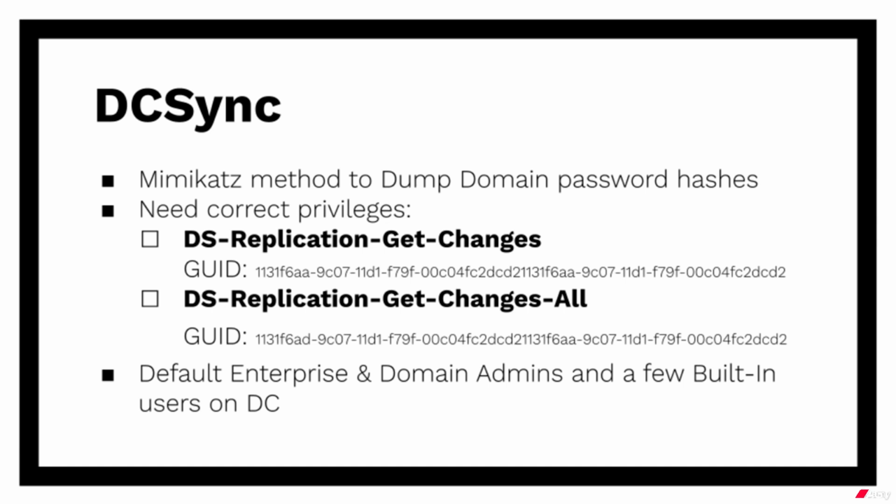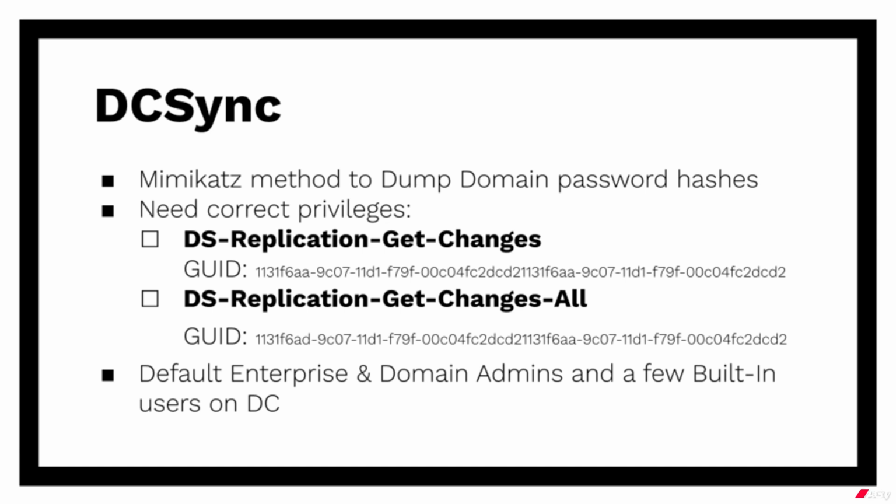Now, in order to collect NTLM hashes from the DC via DCsync, you'll need user credentials with proper permissions to do so. The required permissions are known as DS-Replication-Get-Changes and DS-Replication-Get-Changes-All.